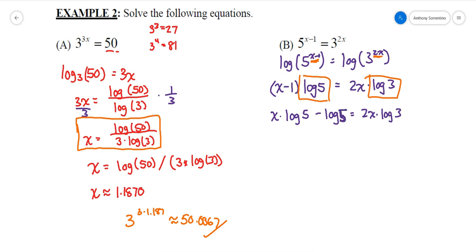Make sure you're showing the difference between them. I like having my variables on the left, so I would subtract 2x log 3 from both sides. And I would also add log 5 to both sides.